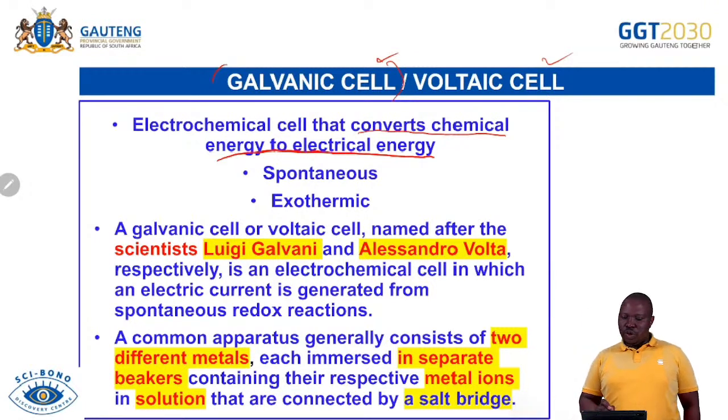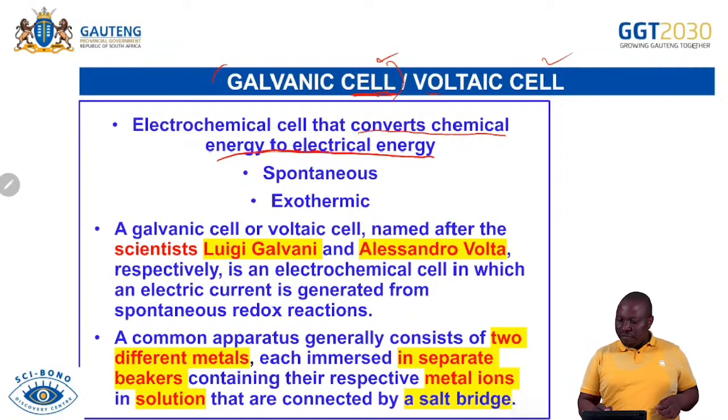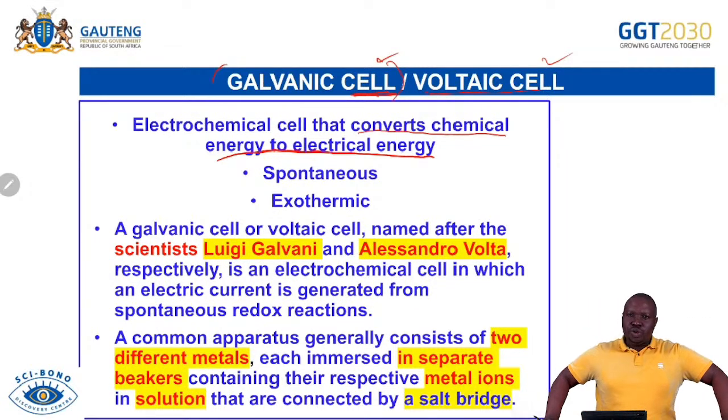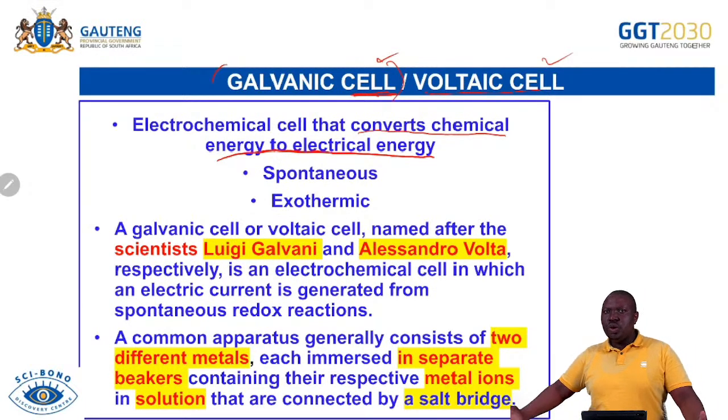So a galvanic cell is a cell that does what? That converts chemical energy to electrical energy. So if you look at the name voltaic, you can see that volts can be produced. So it must be chemical energy to electrical energy.